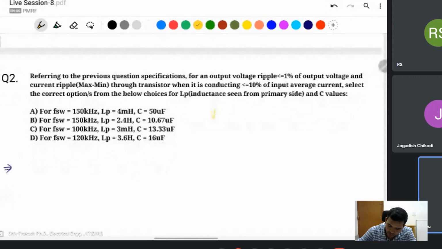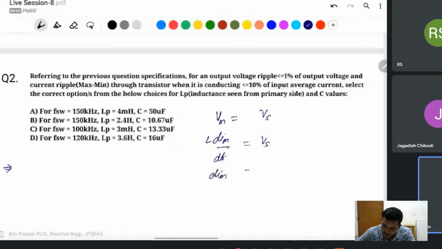Now the magnetizing voltage Vm is the same as Vs in the on condition. If you take the ripple in Im, then L dIm by dt is Vs, and dIm is equal to Vs by L into dt.